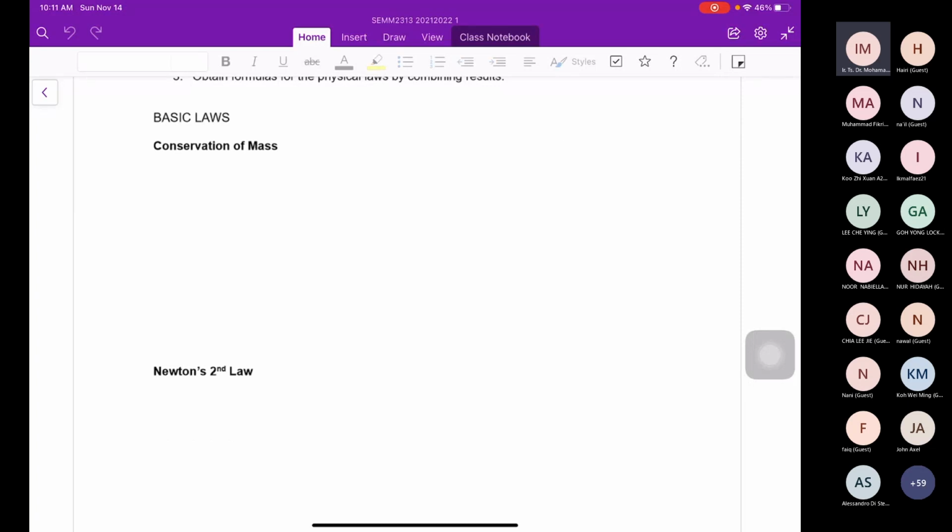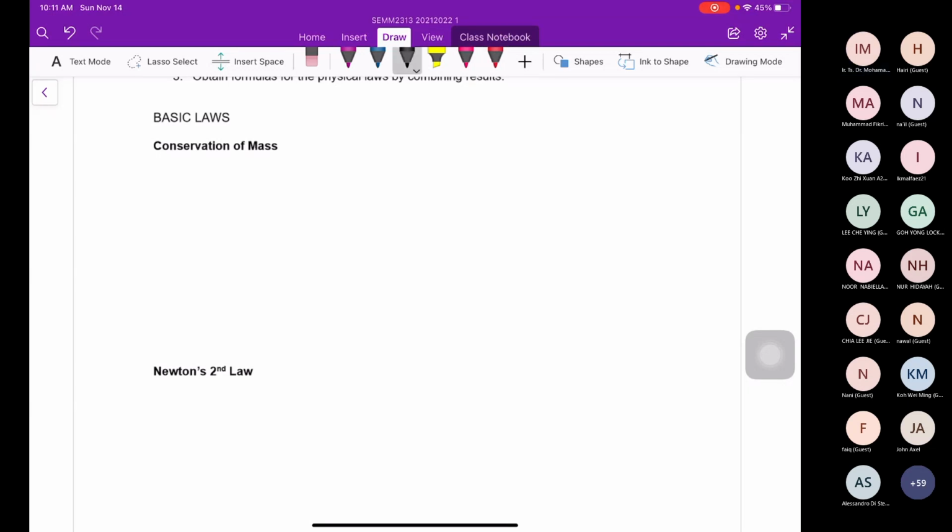We start with the basic law of conservation of mass. What is the conservation of mass? Maybe this semester you are taking thermodynamics, right? The conservation of mass is that the mass of a system is conserved and doesn't change with time.